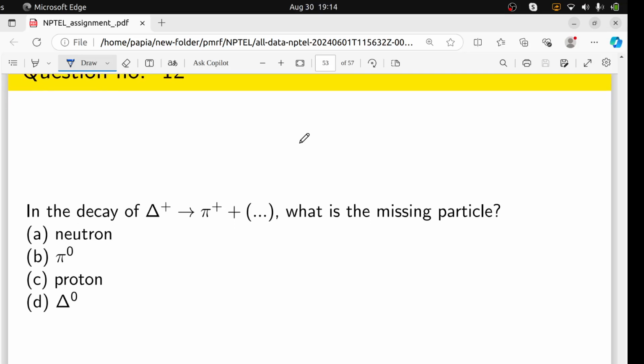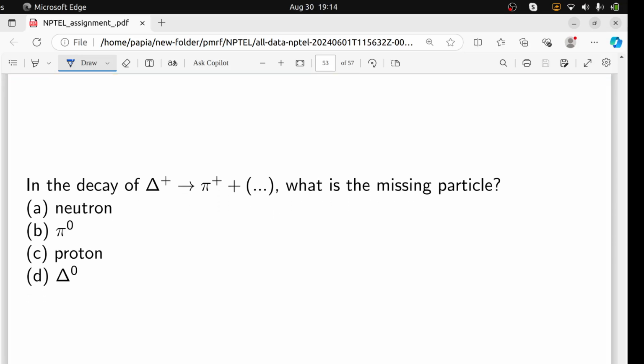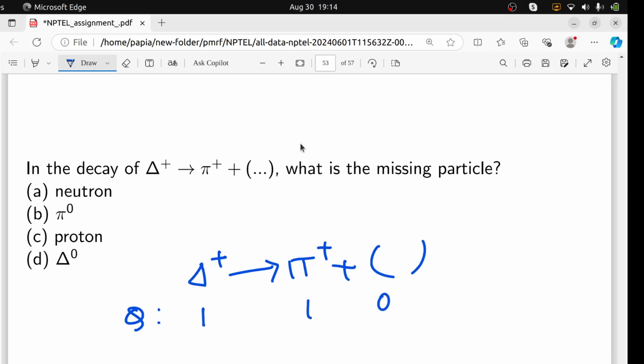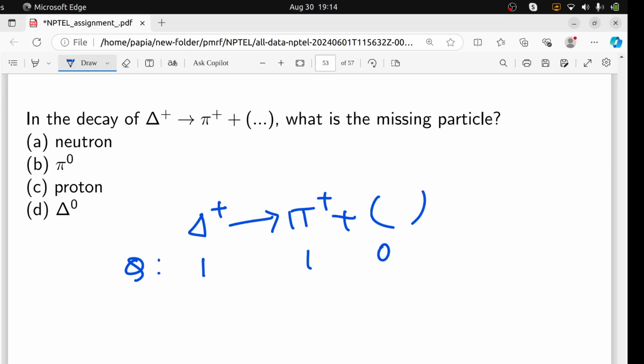Okay, now coming to the last question: in the decay of delta plus going to pi plus plus missing, what is the missing particle? First of all, charge: 1, 1, 0. So that will be a chargeless particle. Lepton number 0, 0, so it is not a lepton.